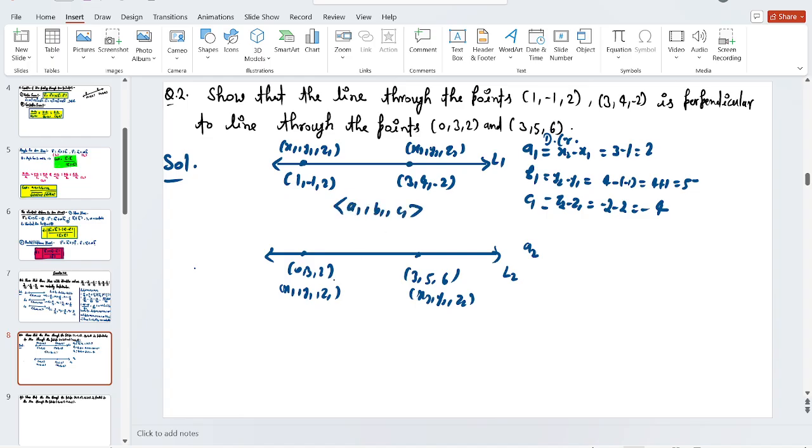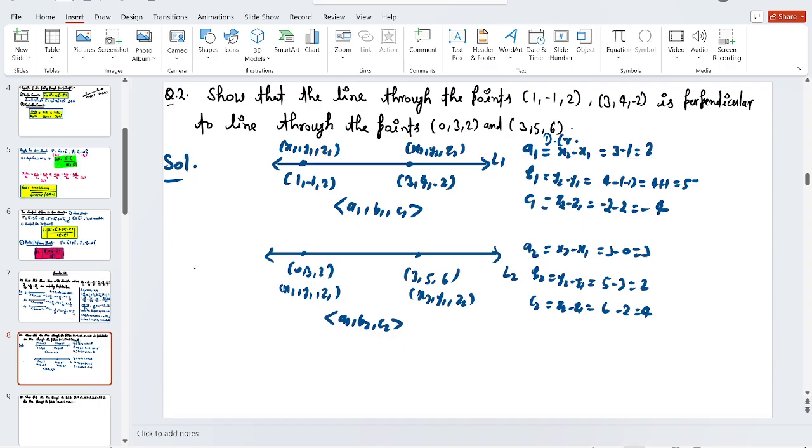Then a2 equal to x2 minus x1, so 3 minus 0, you get 3. And b2 is equal to y2 minus y1, 5 minus 3, you get 2. And c2 equal to z2 minus z1, 6 minus 2, you get 4.